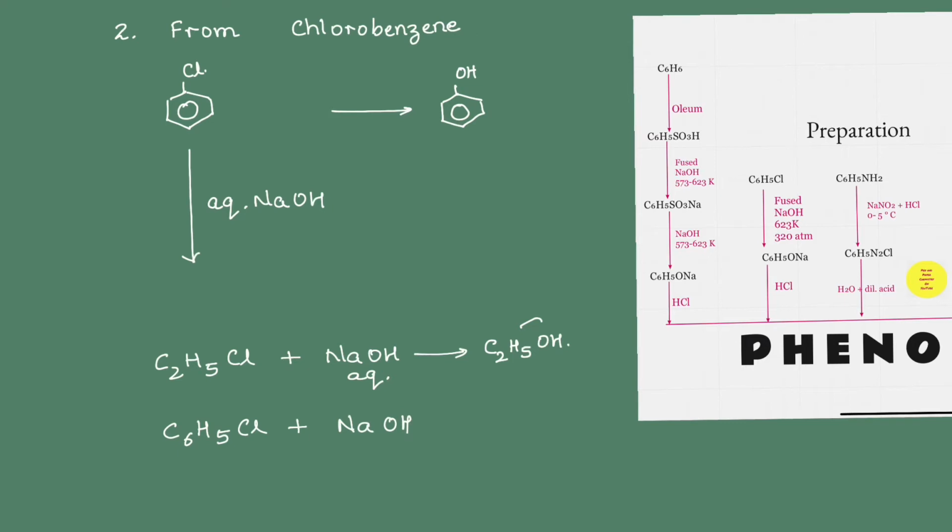It's not so simple. We will not form C6H5OH. Can you recall why it is so? Yes, because the chlorine, because of its lone pairs, has a tendency to share its electrons with the benzene ring and acquire a partial double bond character. So it is not easy to remove the Cl and replace it by the nucleophile OH. That is why aromatic halides do not undergo nucleophilic substitution reactions easily.